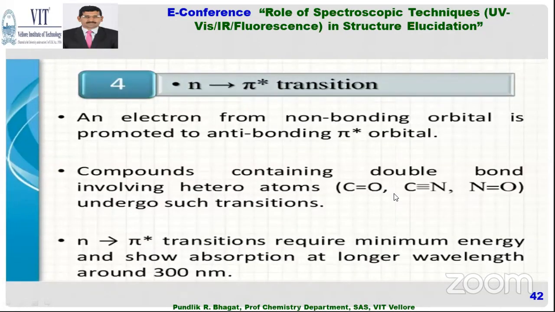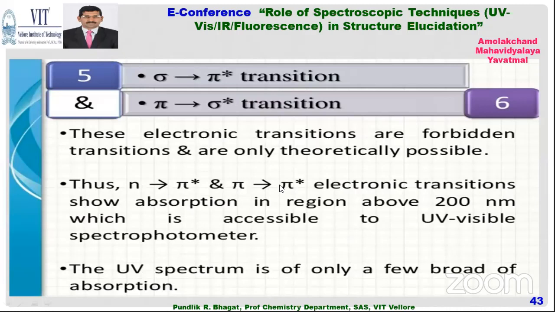And n to pi star is for compounds containing a pi bond as well as another atom or molecule with a lone pair of electrons, like a carbonyl group, cyanide group, or nitro group. Similarly, these electronic transitions show absorption above 200 nanometer, which may be accessible by the UV visible spectrophotometer.